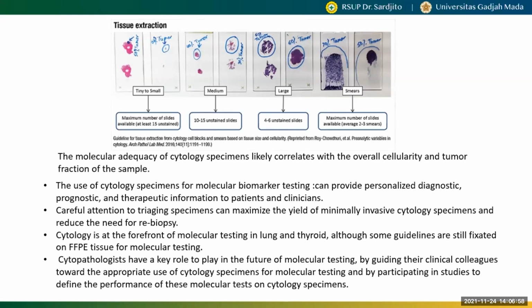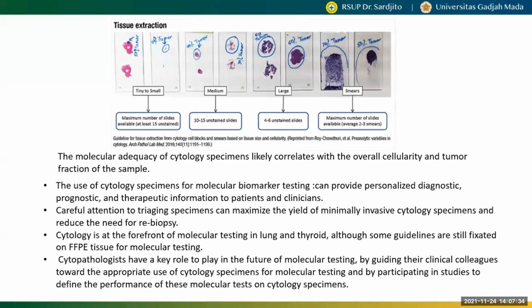So we also use the rapid on-site evaluation when we do this cytology to get the cells. So we hope that when we do the examination, it will not be necessary to do another rebiopsy, or we have to take the patient back to the ward and then come and take them back to the site for the rebiopsy. So it is very useful to use the rapid on-site evaluation.